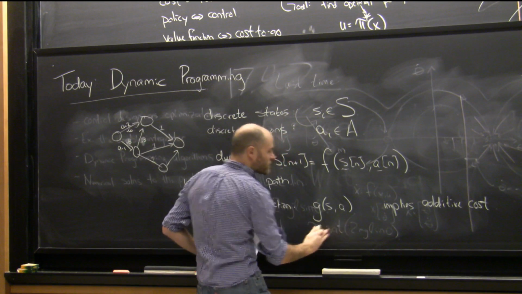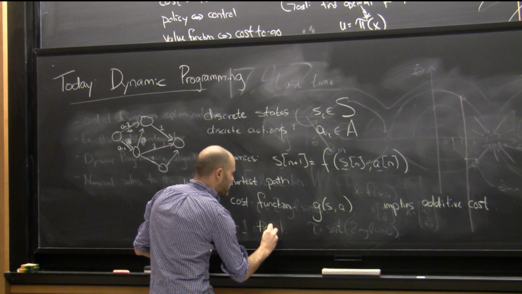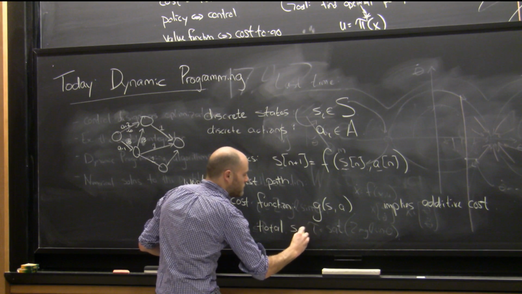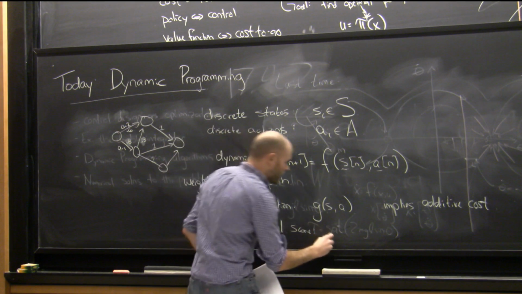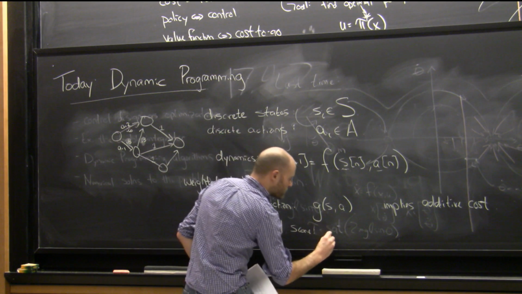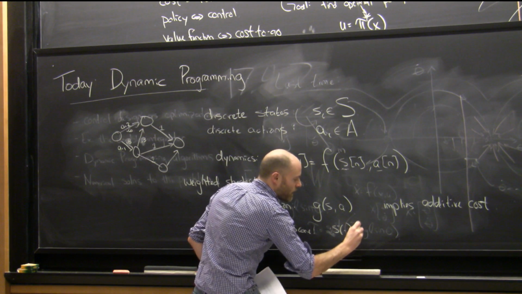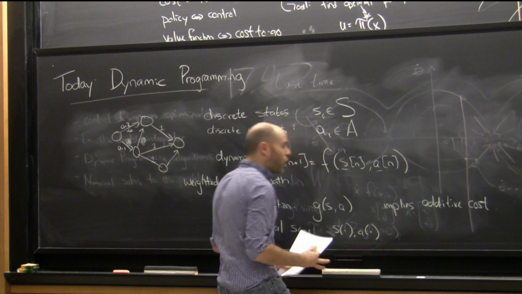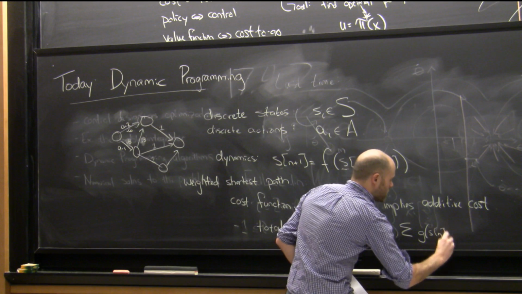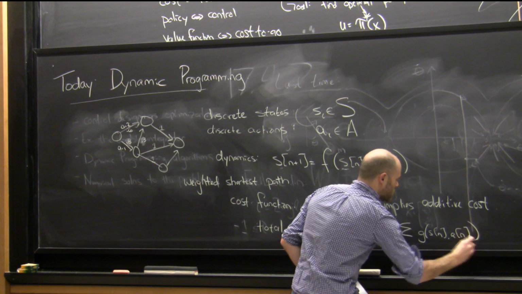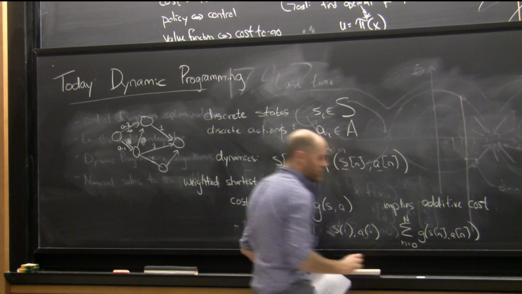So my total cost of taking a path, my total score, if I were to start in state s, let's say, and take some set of actions, if I have a trajectory s, a, my total score is going to be the sum over n equals 0 to whatever time horizon I've chosen.